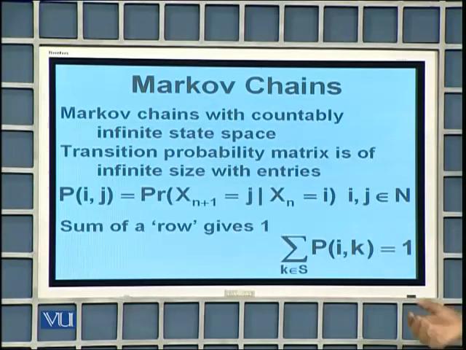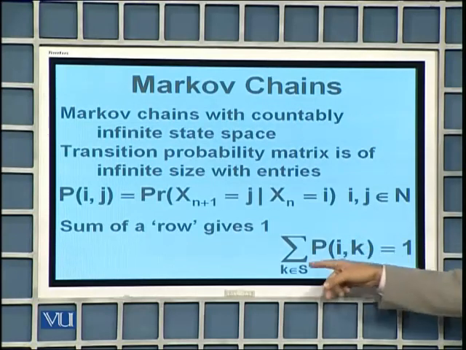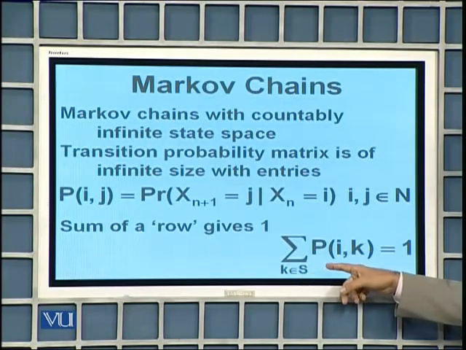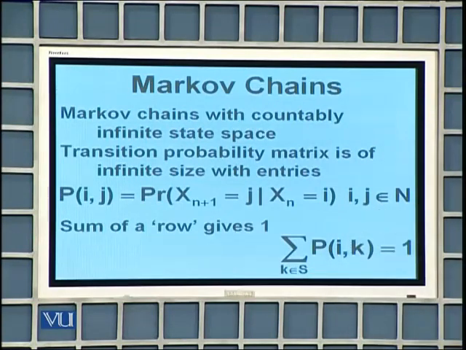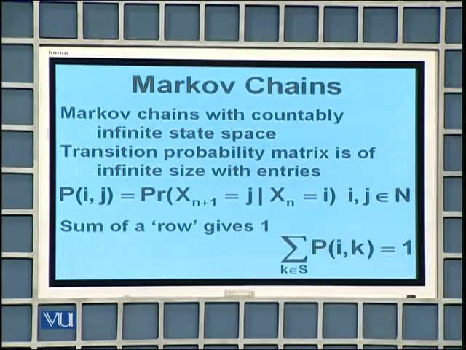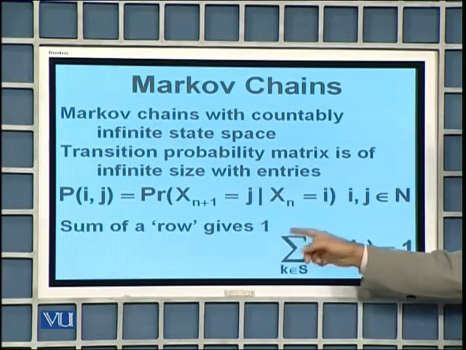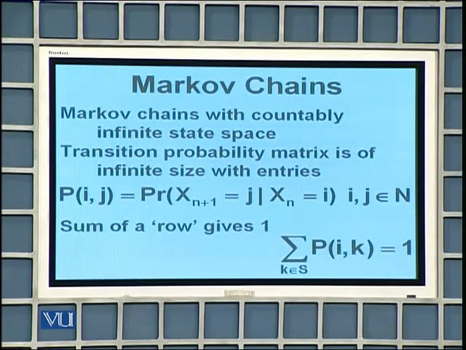And the transition probabilities of all possible jumps from state i to all other possible states in the whole state space should sum up and should give you 1, because this collection of all possible jumps represents the whole sample space of the underlying probability model. So these are the transition probabilities, and they fulfill this summation criterion that they should sum up to give us a value of 1.